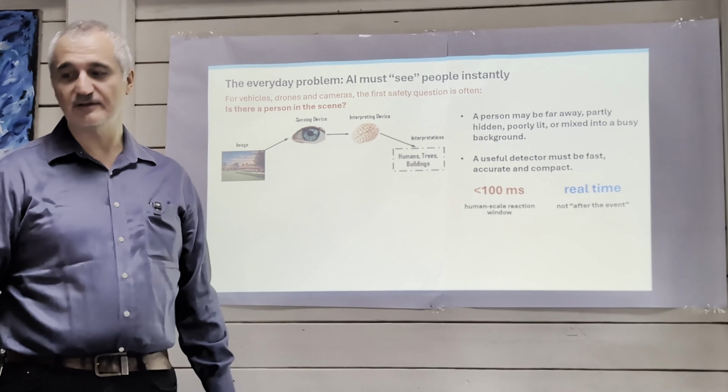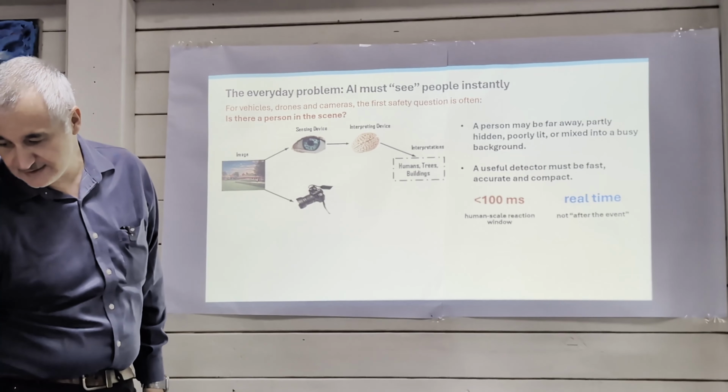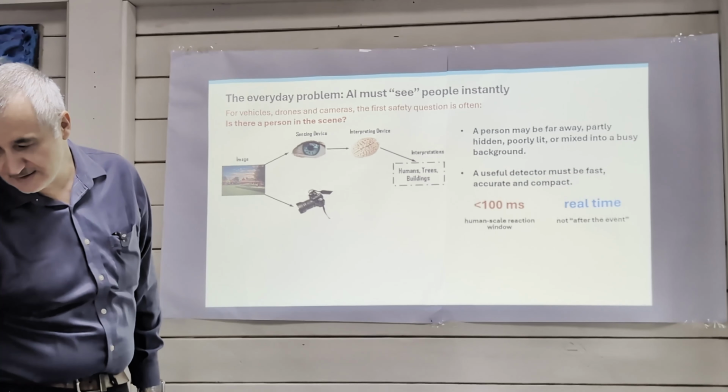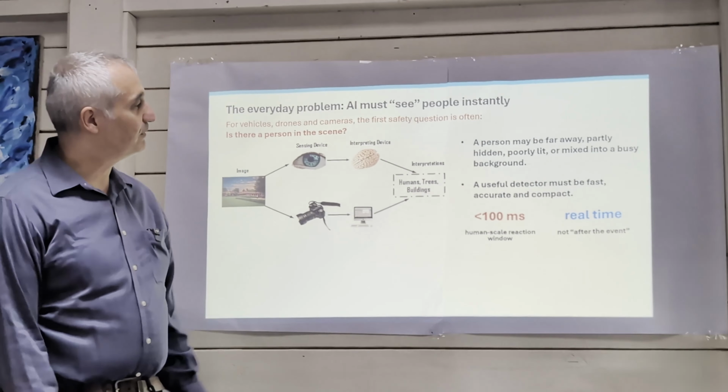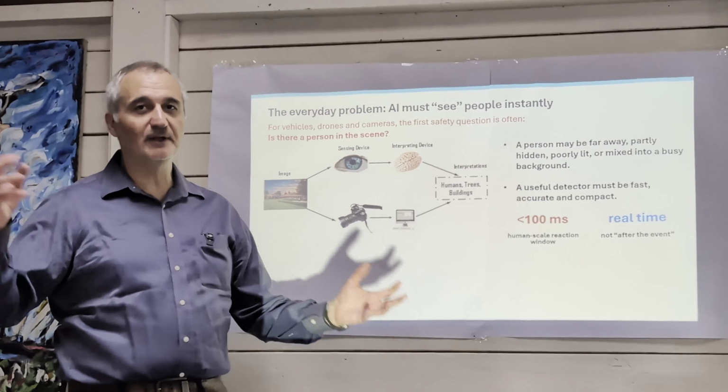The technological counterpart to the eye is the camera, and then we have the computer, and it loops back to this box where we have to decide what we have in the scene: humans, trees, buildings.